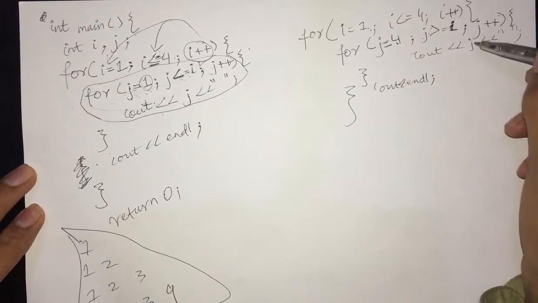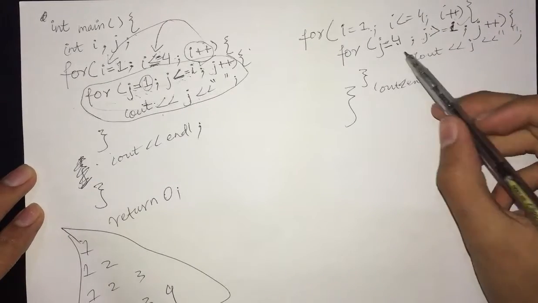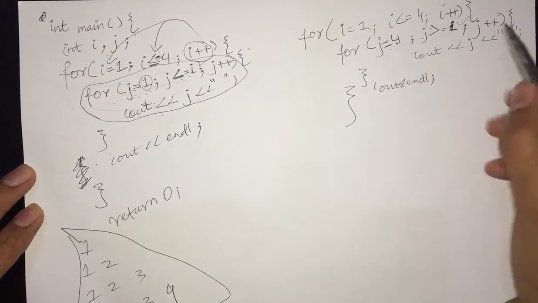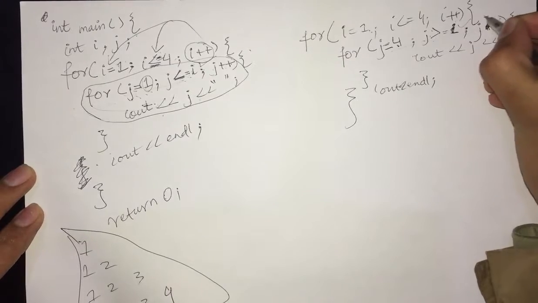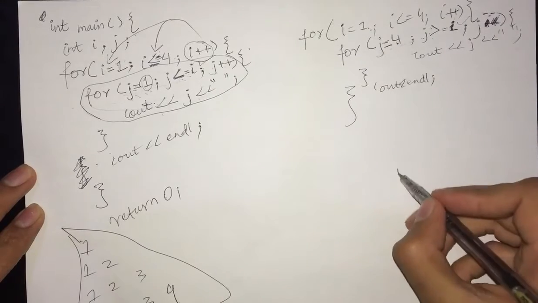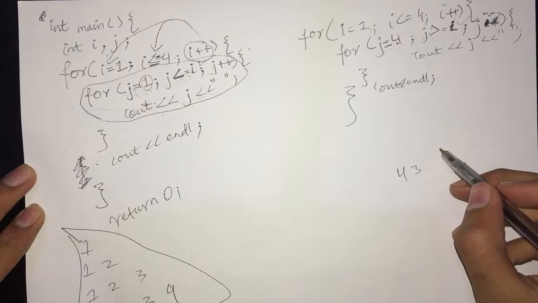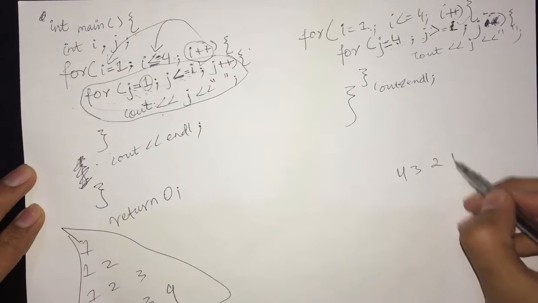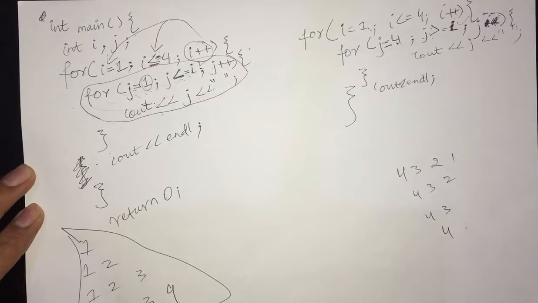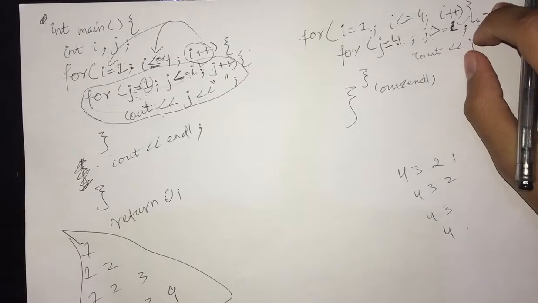Then when this condition becomes false, the control is again shifted to the first loop, then it again executes, and the second time this loop is going to iterate 2 times, so 4 and the j decrements, and then it's going to give us 4 3 2 1, 4 3 2, 4 3, and 4.